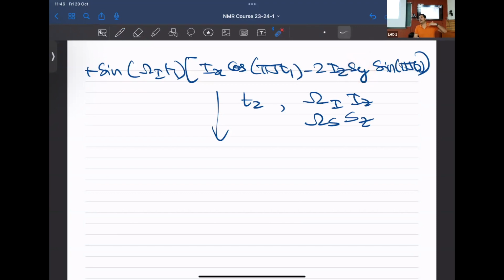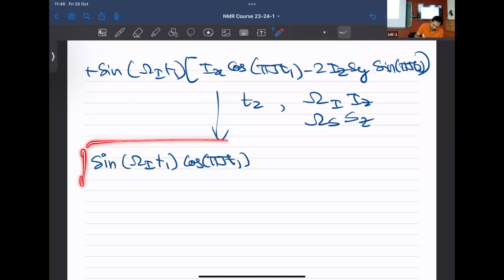Of course, you can repeat the entire exercise starting from Sz, where you'll just do the opposite set of discussion, nothing else. It's one and the same. So here, what are you going to have? You're going to have sin omega I T1 cos pi J T1. Immediately, you're able to see that this is going to give you an interesting combination of an antiphase doublet in the indirect dimension. Anyway, we'll wait for that in a moment.